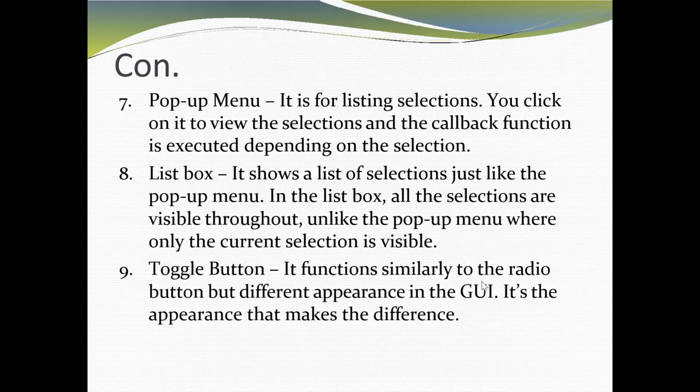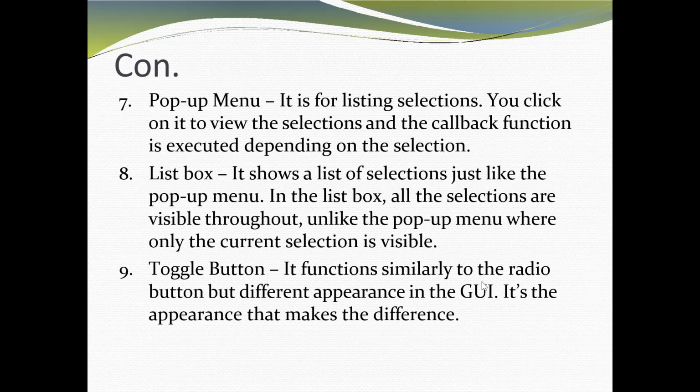We have pop-up menus. A pop-up menu is for listing selections. You click on it to view the selection, and then the callback function is executed depending on the selection. We have the list box. It shows a list of selections just like the pop-up menu.